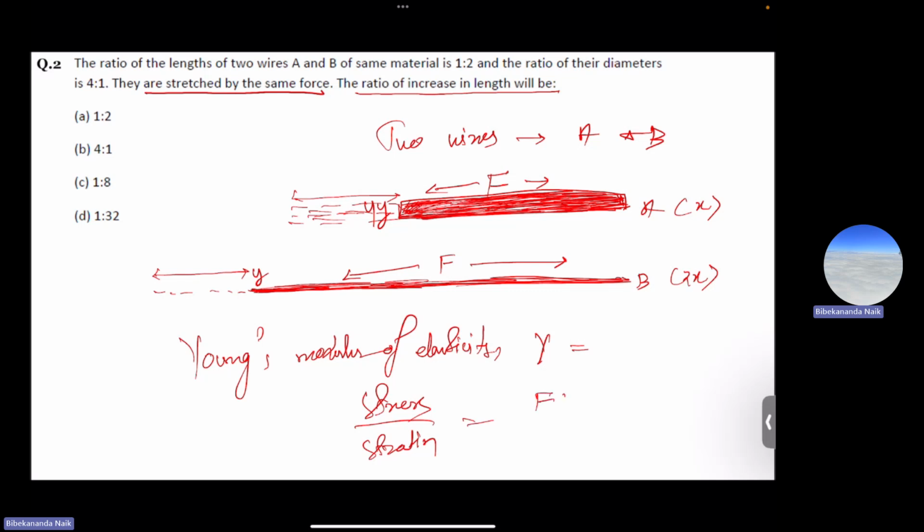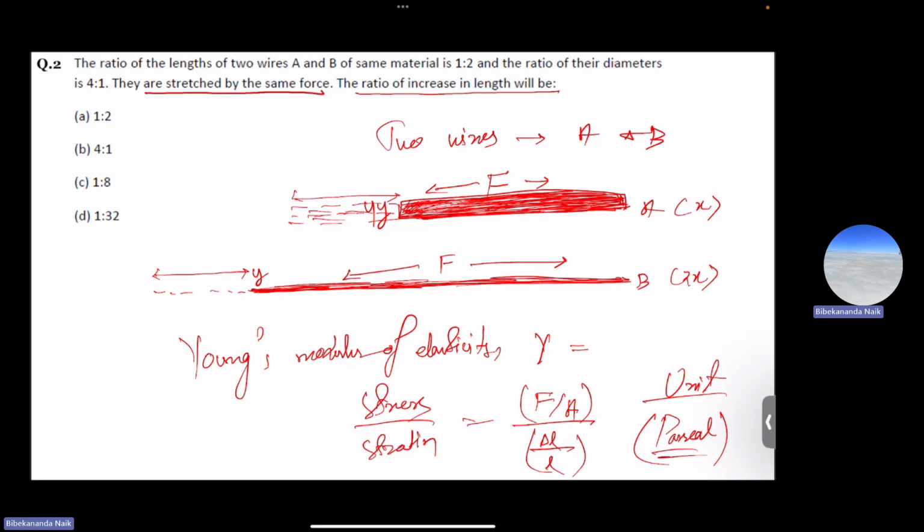So stress is F by A, force applied per unit area, and strain is relative change in the dimension, like here the change in length by original length, delta L by L. And the unit is Pascal, because the denominator term has no unit, length by length. So the unit of Young's modulus of elasticity is equal to the units of stress, and stress is also called pressure. So the unit of Young's modulus of elasticity is Pascal.